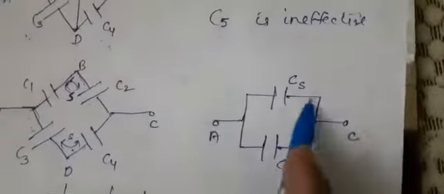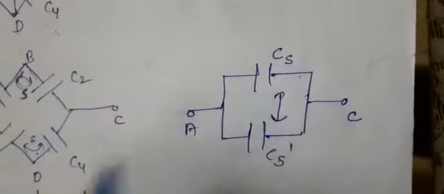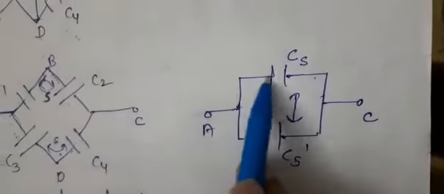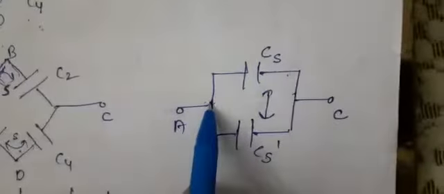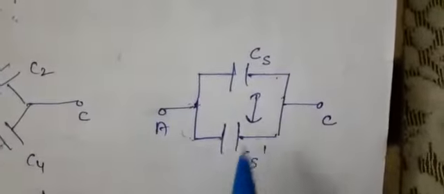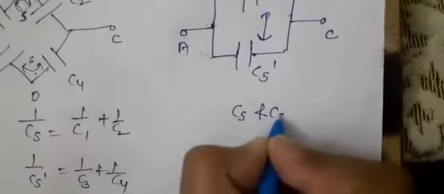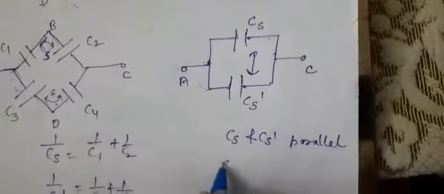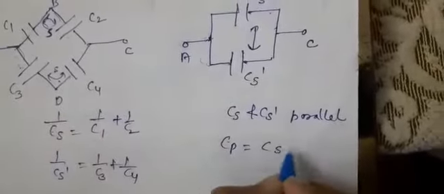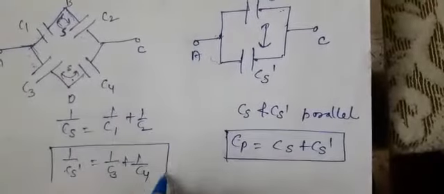Now, see here, in this figure, CS and CS dash are connected in parallel. Why? Because the positive plates of both are connected at terminal A, or you can say the charge gets divided. So CS and CS dash are in parallel combination, and their equivalent capacitance will be CS plus CS dash.